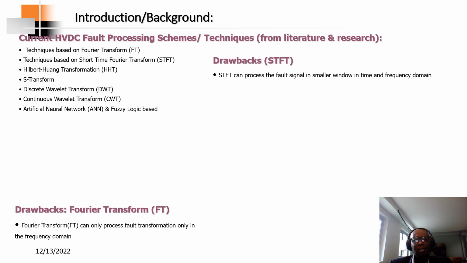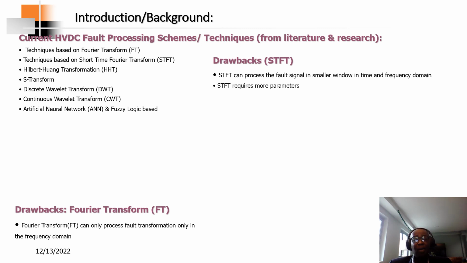But the short-time Fourier transform can only process the fault signal in a smaller window, and even then in a fixed window, though it can process it in the time and frequency domain. As such, the frequency resolution is very limited and can be challenging when it is applied to DC fault processing.